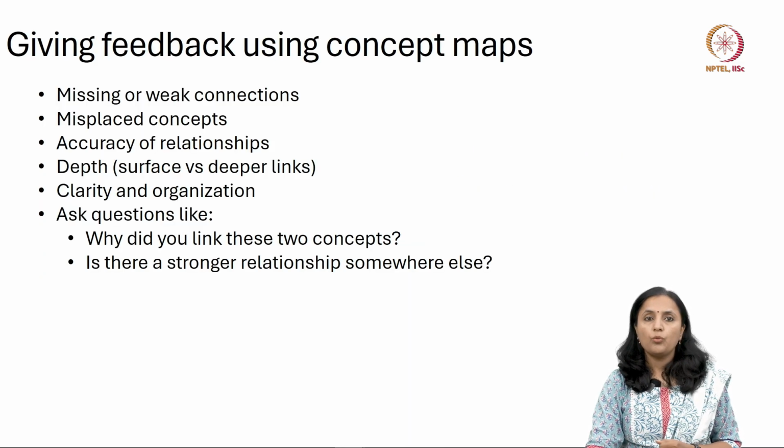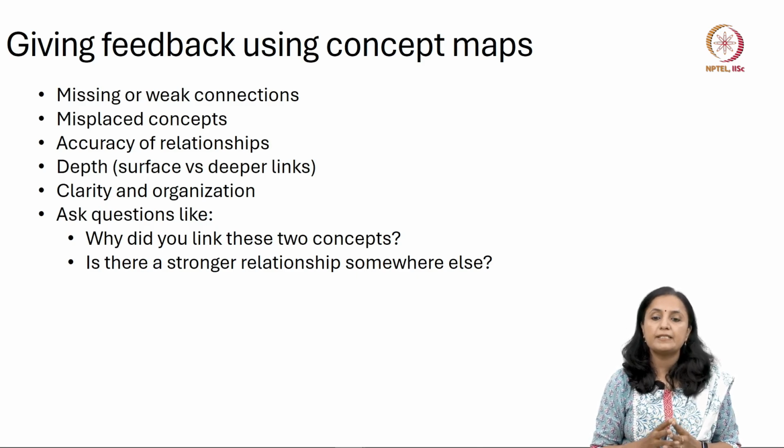The first can be identifying the missing or weak connections. We can look for places where students haven't linked major ideas, or where the connection is labeled incorrectly or sometimes vaguely. Missing connections often reveal gaps in conceptual understanding. So, this can be one way of giving feedback.